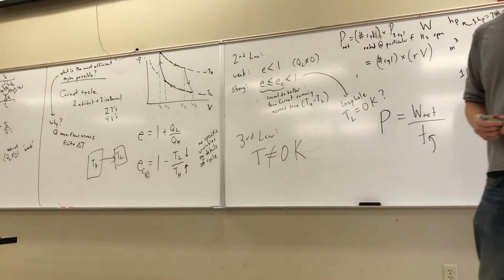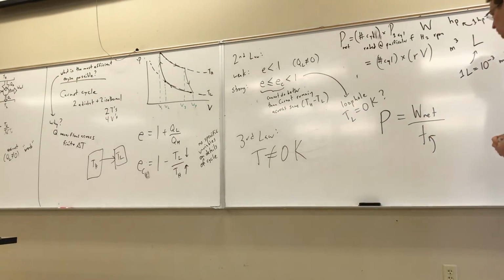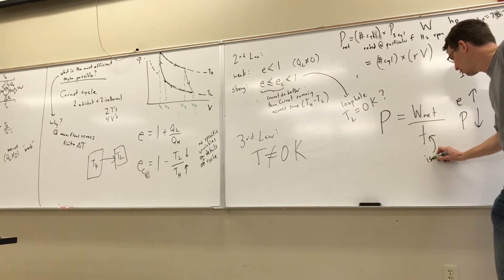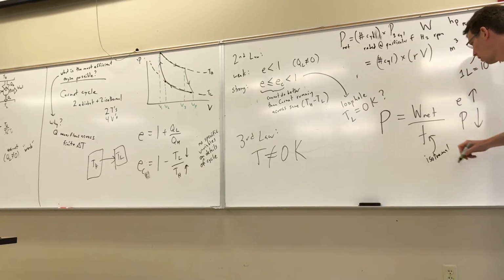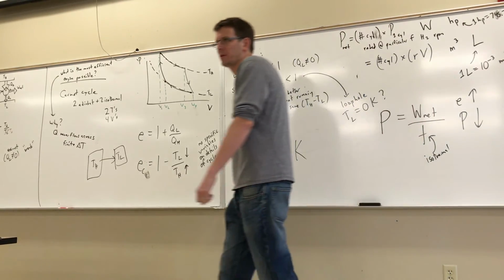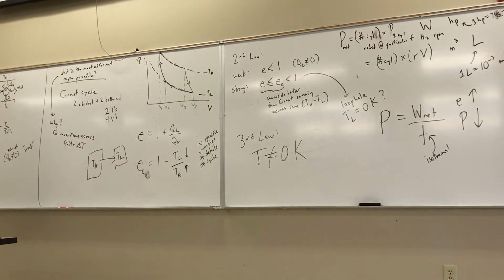You pay for efficiency with very low power. So the efficiency is very high, but the power would be very low because of the time it would take to implement the isothermal processes. So that's why there's a cost, right? Our car engines are not as efficient as the Carnot cycle, but they're way higher powered and you can get to school on time. So let's leave it there for today. We'll talk about refrigerators on Wednesday.